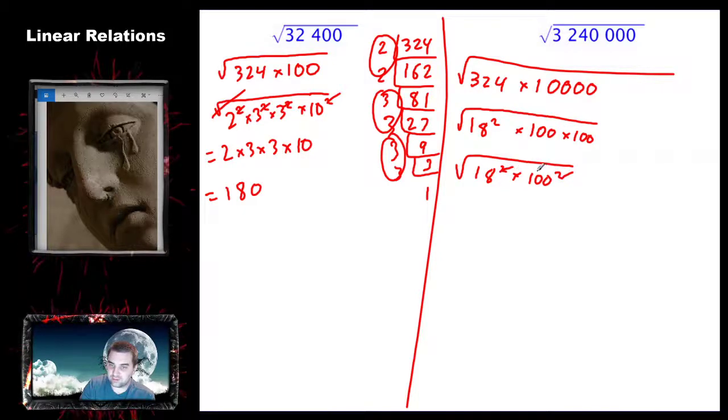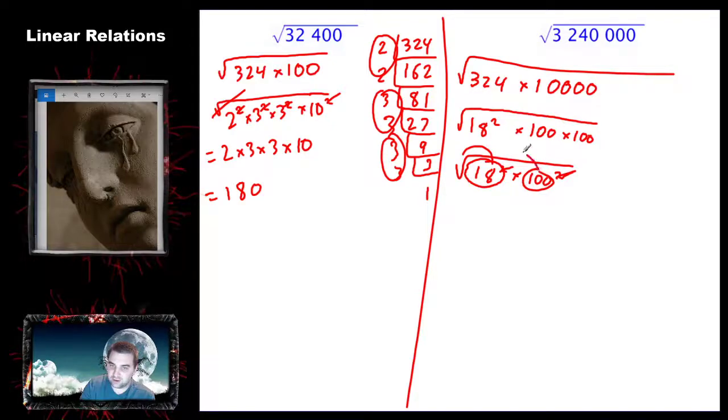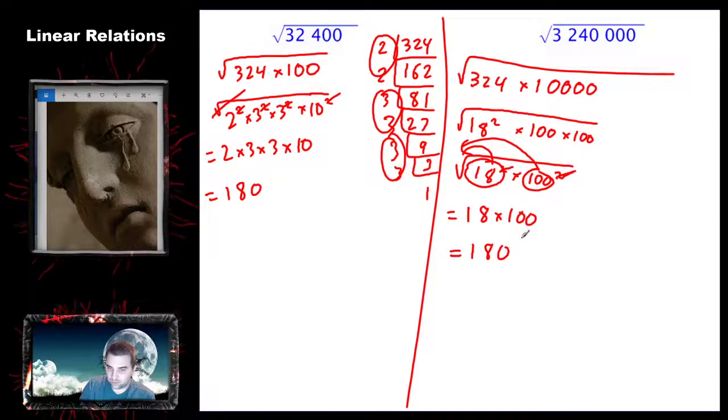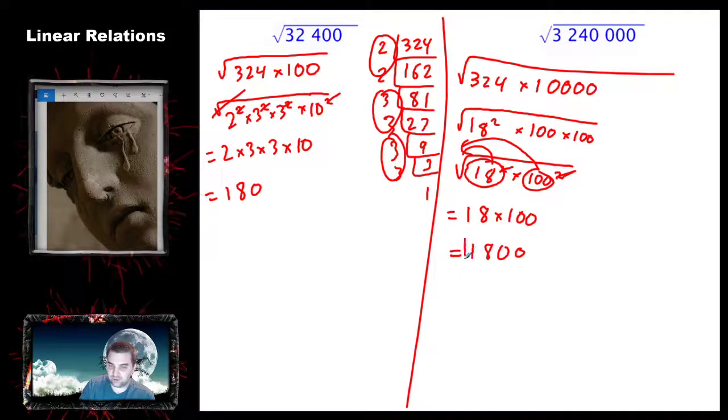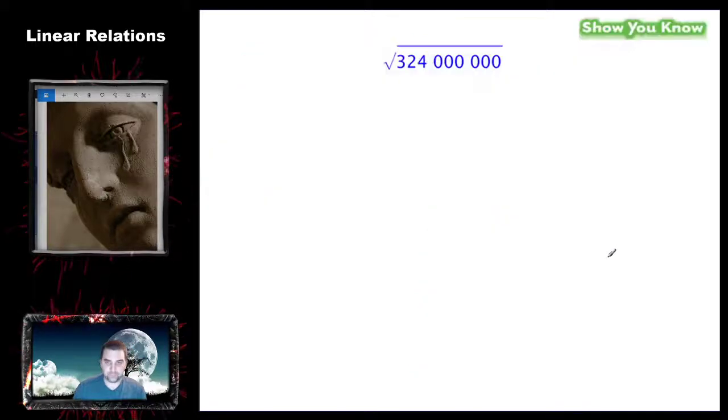These are going to cancel out. Opposite operations. These guys come to the outside of the square root, so all I'm left with is 18 times 100, which is 1800. 1800 is my final answer there, just like 180 is my final answer there.